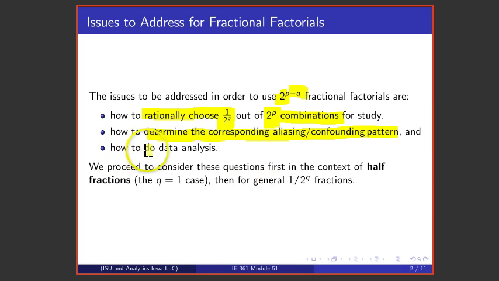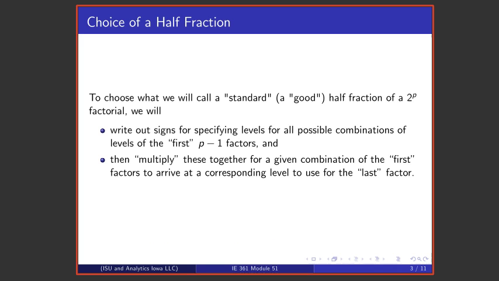And then thirdly, how to do data analysis. In this module, we're going to address these questions first of all for half fractions, and then in subsequent modules we'll consider quarter fractions, eighth fractions, and so on, that is, smaller fractions of a full 2 to the p factorial study.